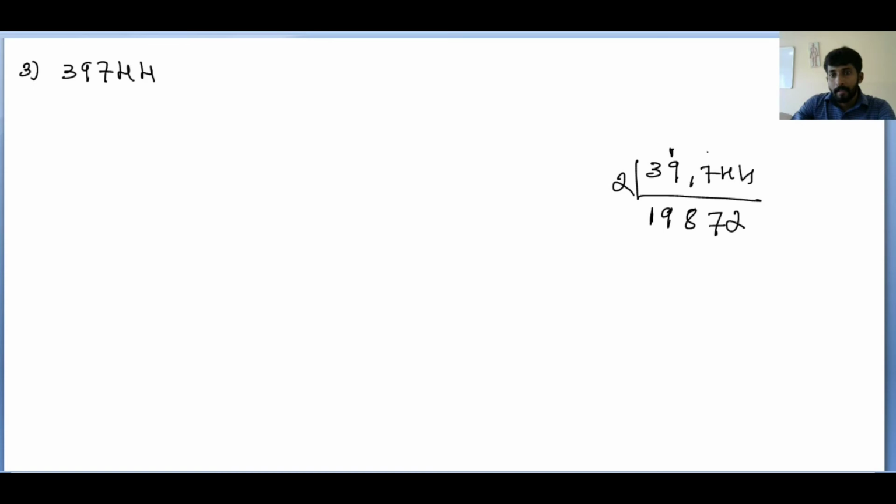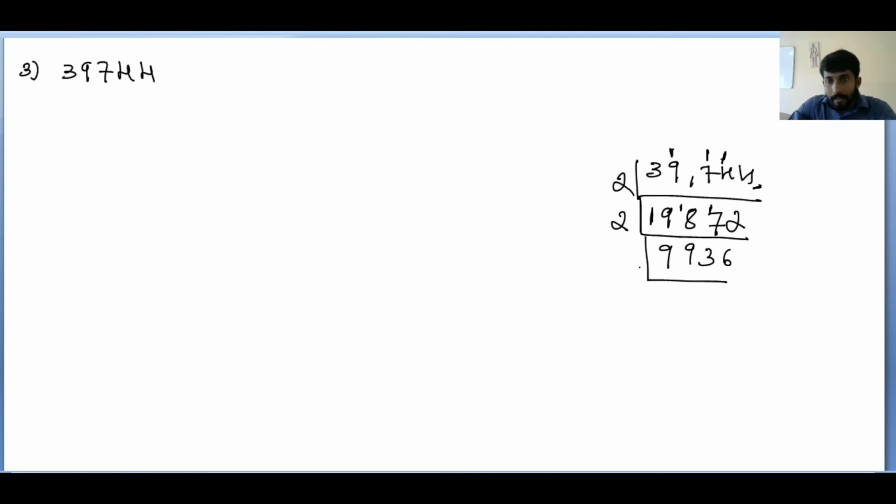Again 1 is remaining, take that one here, so 17 is there. 2 8s are 16, again 1 is remaining, so take 1 here, so you will get 14. 2 7s are 14, then 4 is remaining here, 2 2s are 4. Next, see here 2 9s are 18, 1 is remaining, again 2 9s are 18. Then 7 is there, 2 3s are 6, 1 is remaining, so 12, 2 6s are 12.